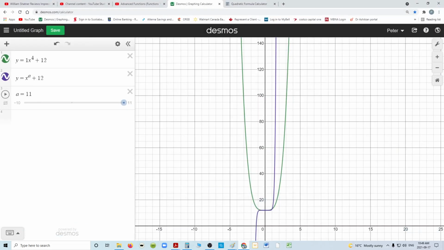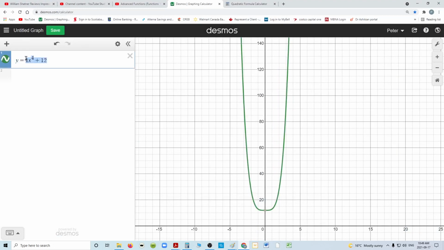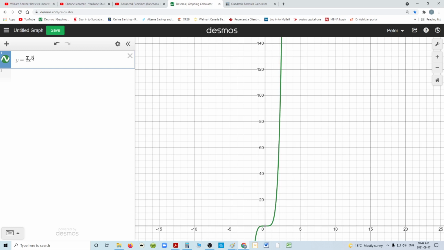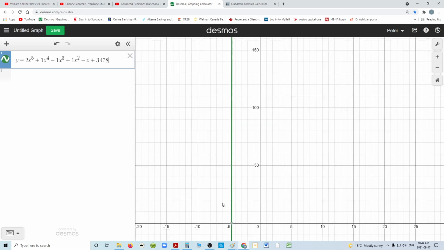And I think that has to do more with, so we're dealing with a degree 5. So let's just do 2x to the 5 plus 1x to the 4 minus 1x to the 3 plus 1x to the 2 minus x, and then I'm going to create a really weird number here.